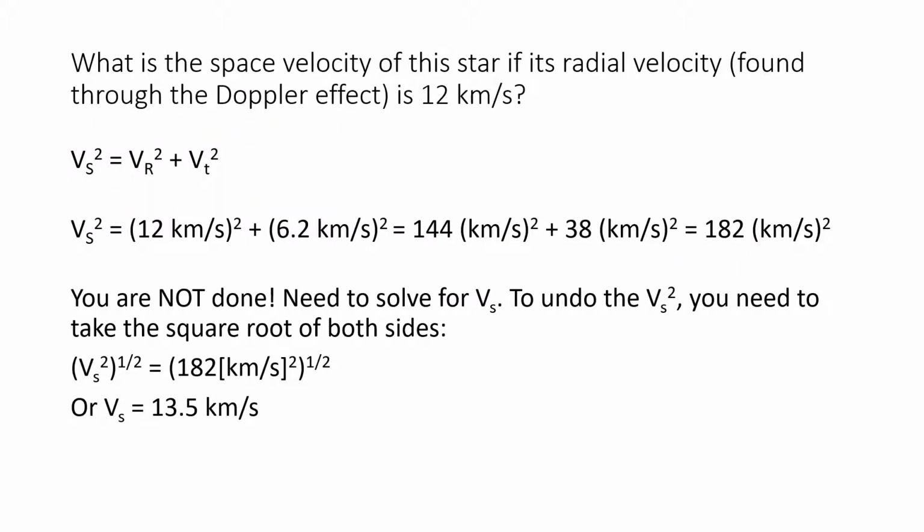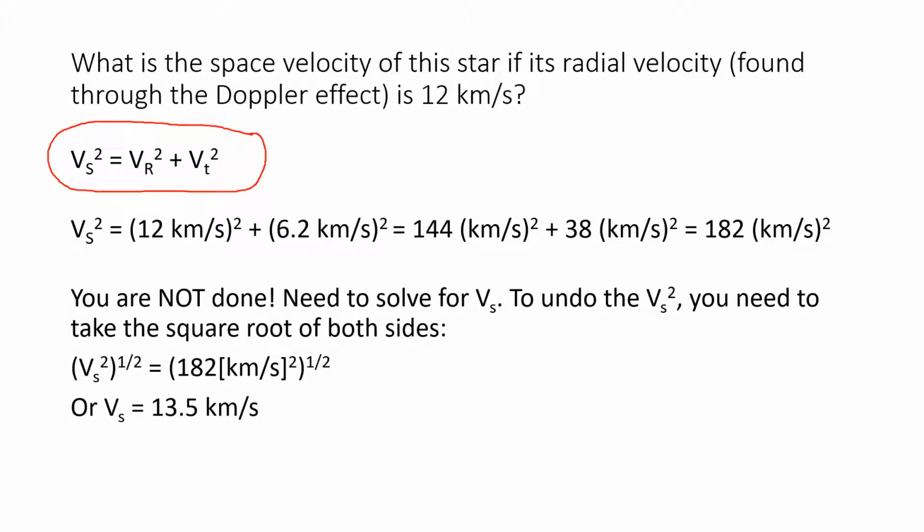So now that we have Vt, if we're given Vr, we can find the space velocity of the star. So what is the space velocity of the star if its radial velocity, again found through the Doppler effect, is 12 kilometers per second? So we have the formula for Vs squared. Again, it is the Pythagoras' theorem or the Pythagorean theorem. Vs squared is Vr squared plus Vt squared.